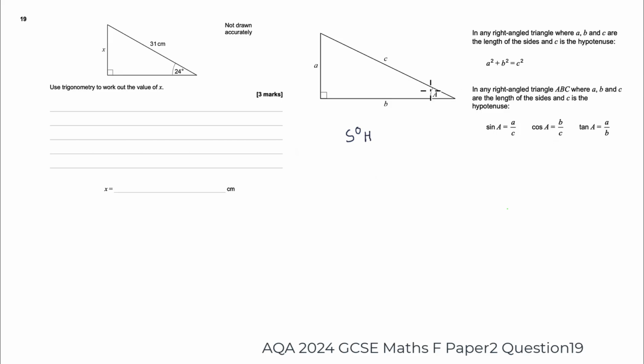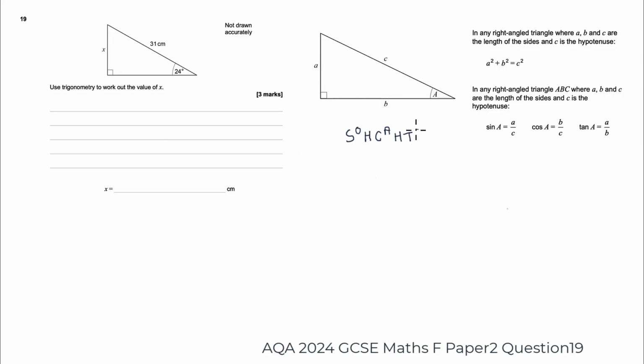And the cosine is the adjacent, that's right next to the angle, the adjacent side over the hypotenuse, B over C. So the cosine is the adjacent over the hypotenuse. And the tan of A, that's opposite over adjacent.